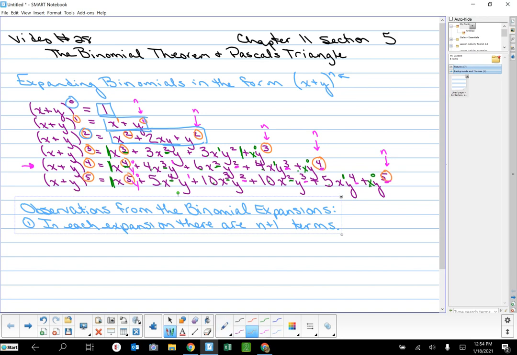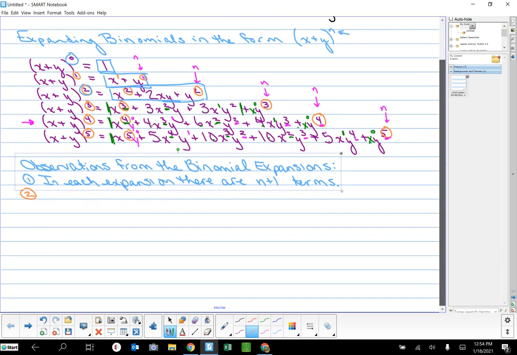Okay, next. 2. In each expansion, I gotta move that up. Maybe that says expansion. It does. I read that wrong. In each expansion, x and y have symmetric roles.